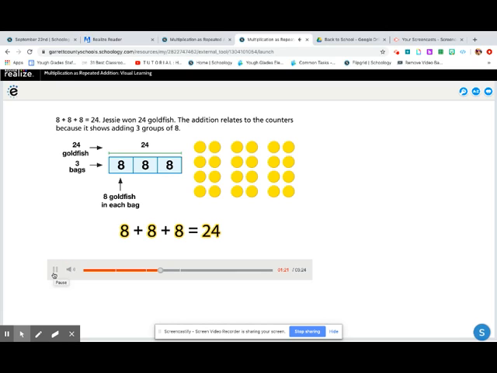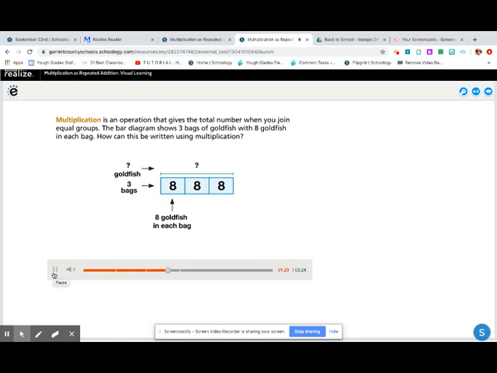The addition relates to the counters because it shows adding 3 groups of 8. Multiplication is an operation that gives the total number when you join equal groups. The bar diagram shows 3 bags of goldfish with 8 goldfish in each bag. The key here, when multiplying, is that you have to have equal groups.